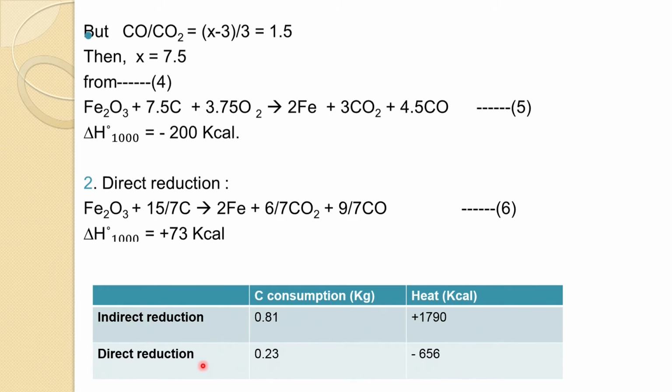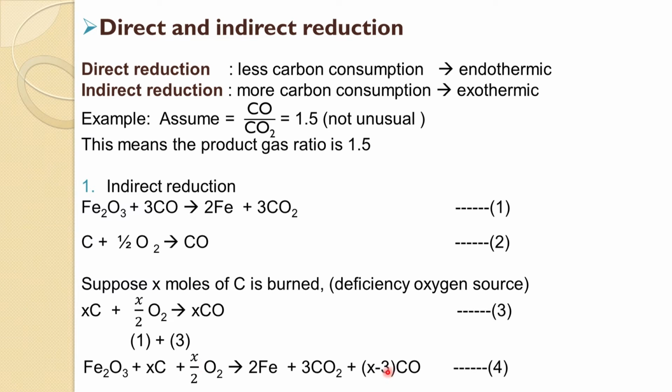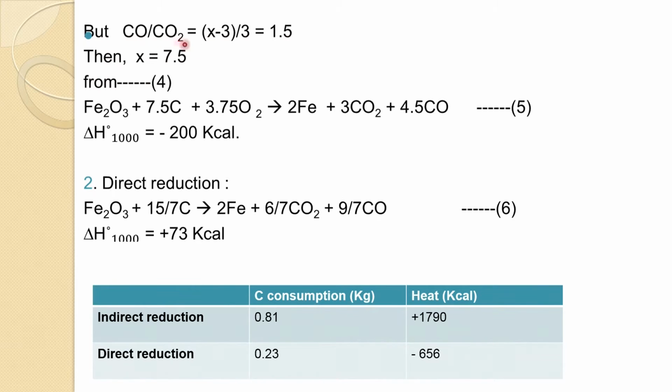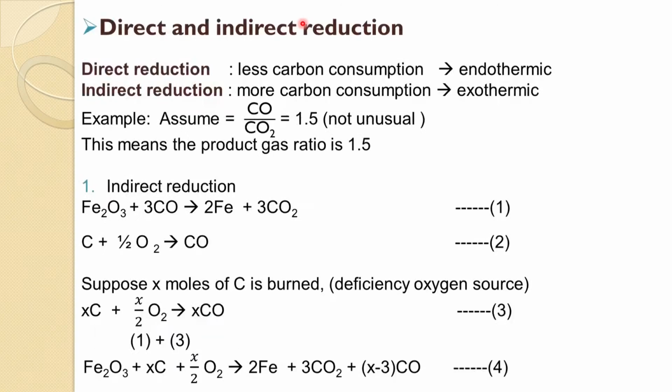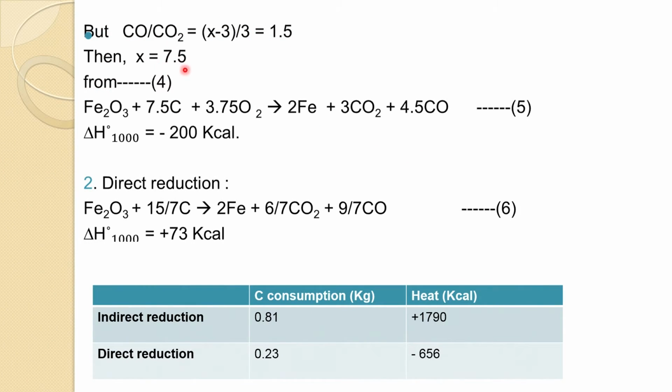Now, the CO/CO2 ratio can be calculated from this as (x minus 3) divided by 3, and as we have said the ratio is 1.5. So, x comes to 7.5.